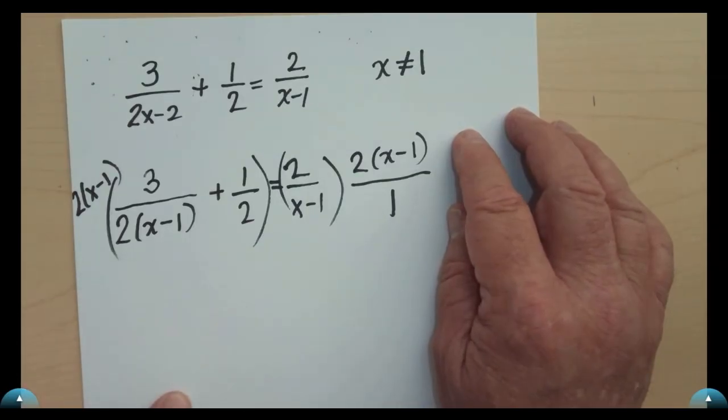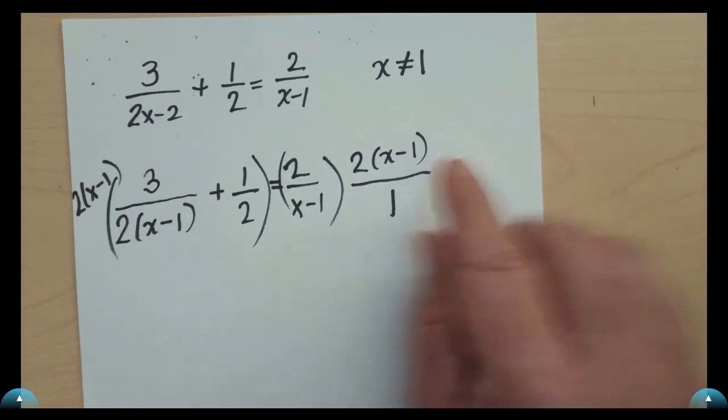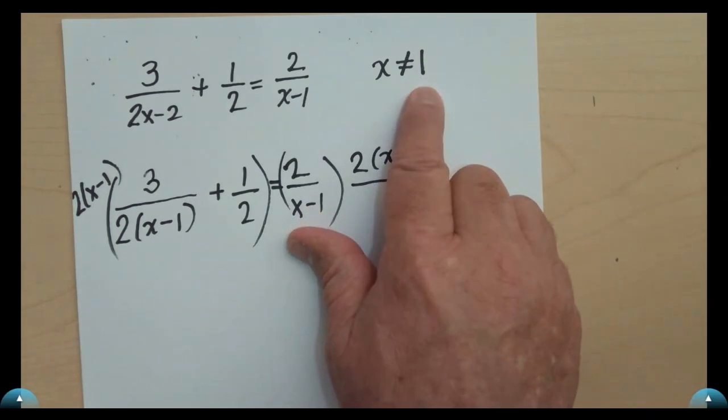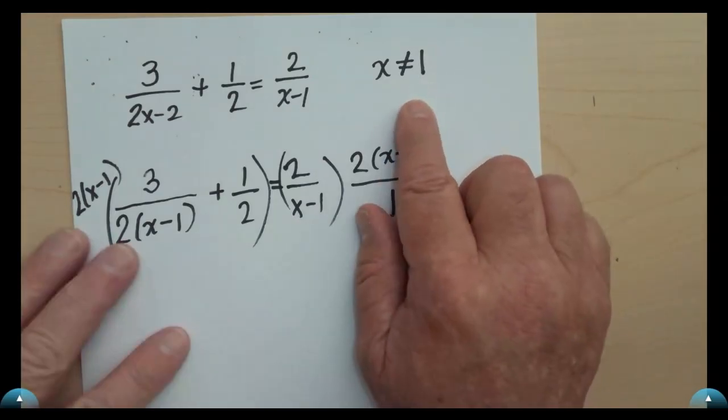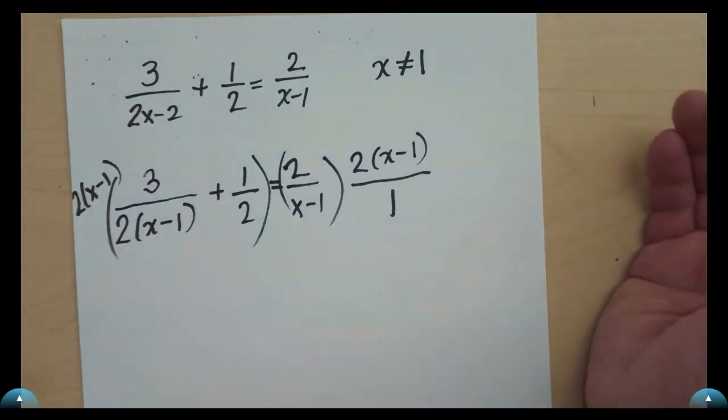If we get anything other than 1, and we're confident we haven't made a mistake somewhere, then we'll know that is the solution. As long as our solution isn't equal to the restricted value, it'll always be the correct solution, unless we made an error somewhere.